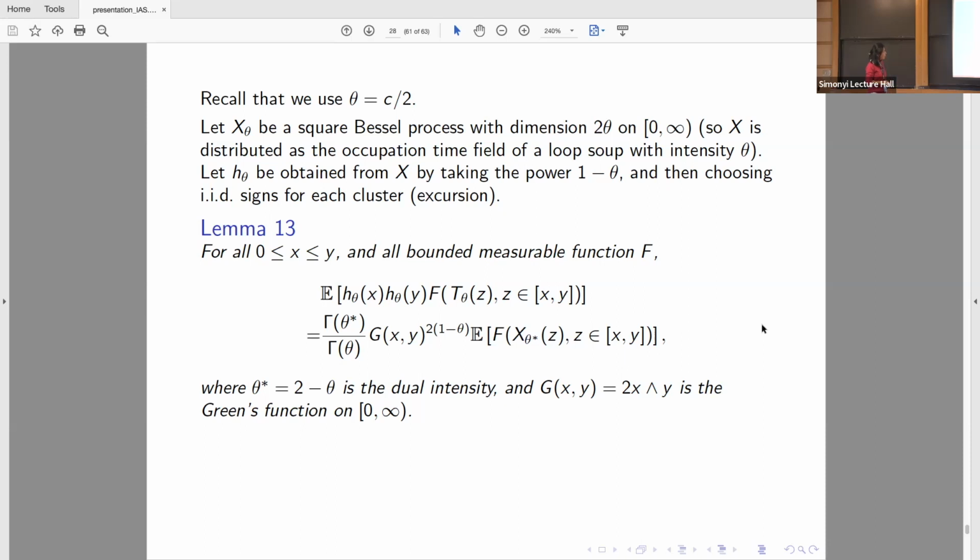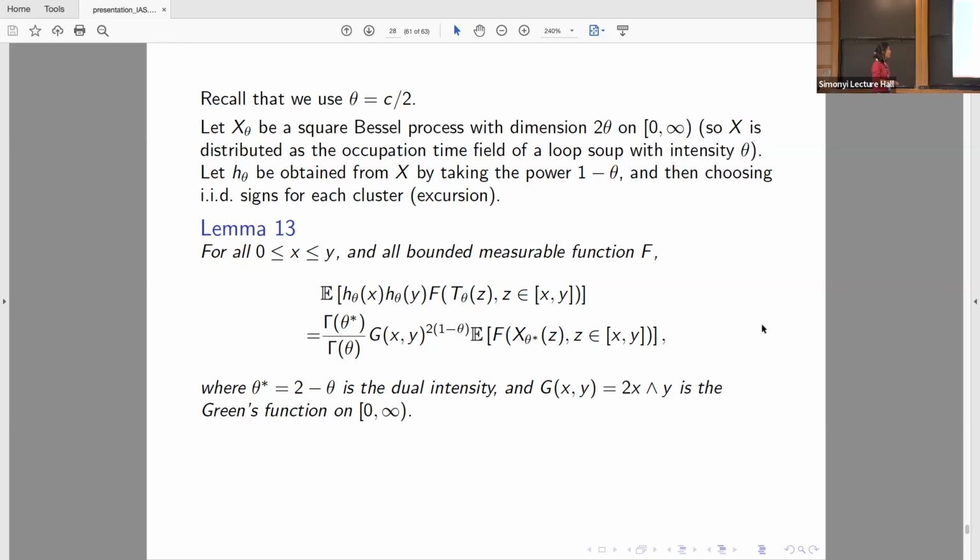And then we can show that if we take any bounded measurable function f of this field x theta, and weight it by h theta x and h theta y, then you will get some dual Bessel process.